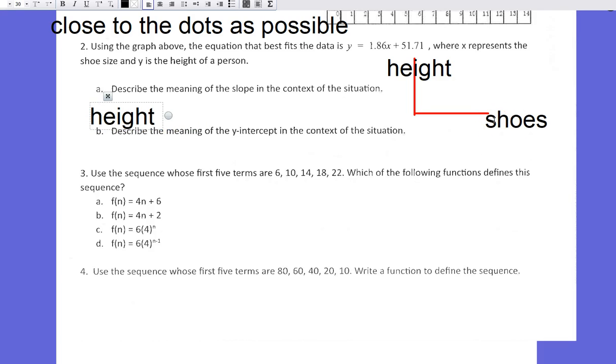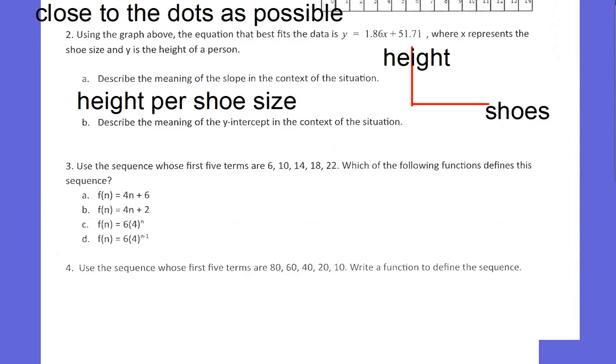So it's height per shoe size. In other words, the slope tells you how much your height changes when your shoe size changes. So every time your size goes up by 1, then your height will go up by that amount. So the slope in this case is the height per shoe size, and they're basically asking you what the variables are.